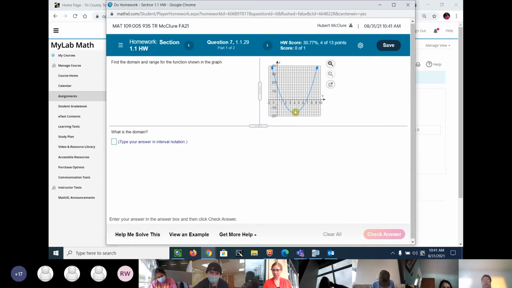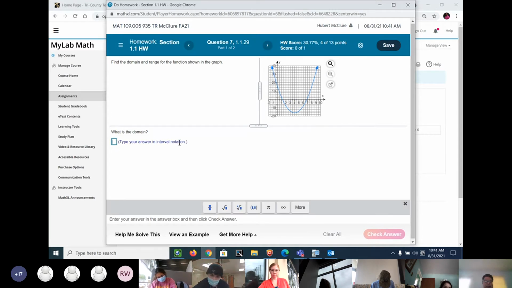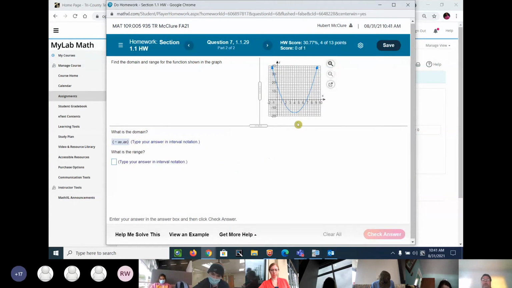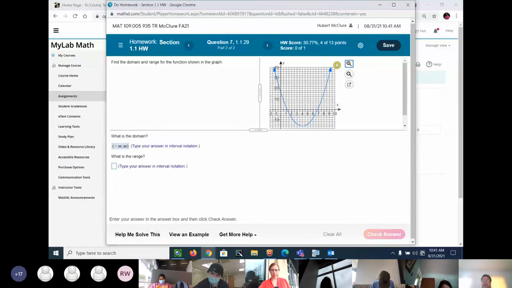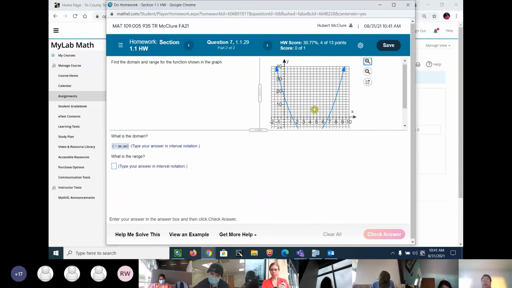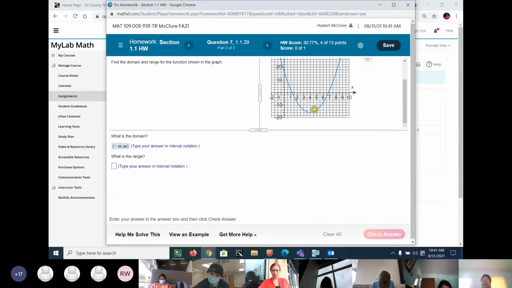This is a function. What is the domain? Well, it's got arrowheads. So arrowheads mean negative infinity to positive infinity. Negative infinity, comma, positive infinity. And that should make you feel better about yourself. The range, well, you got to blow it up a little bit to see where the vertex is. Looks like the vertex is at, I don't know, what is that? 2, 4, 6.